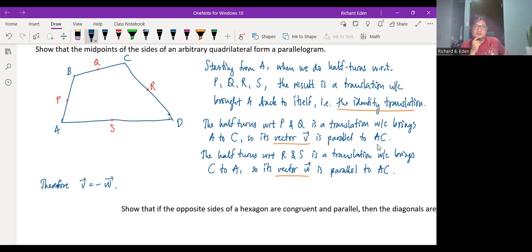Okay. So, pero kasi, okay, if you now look at vector PQ, okay, kasi nung vector PQ, okay, is half of vector AC. Sandali lang ah.